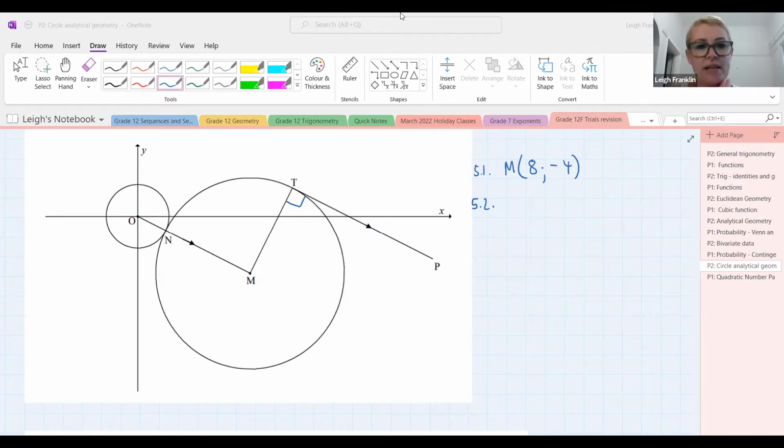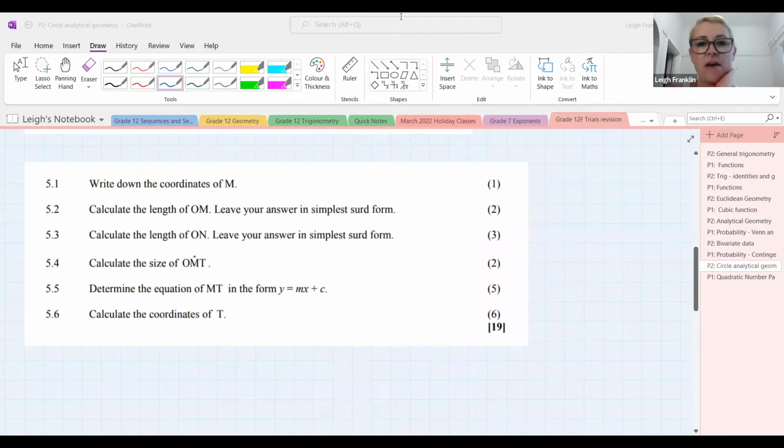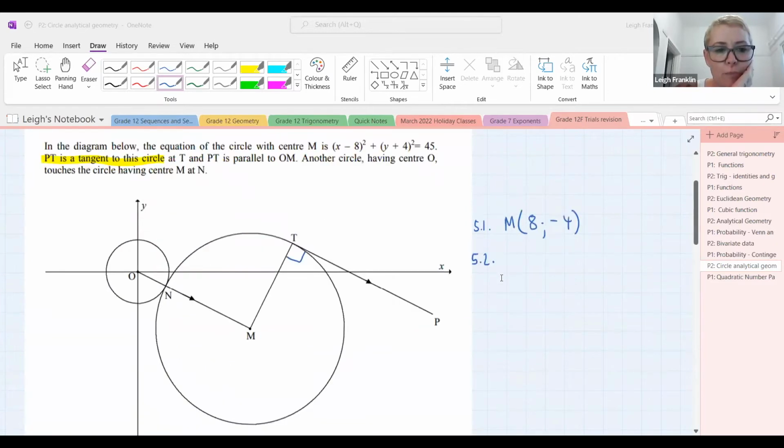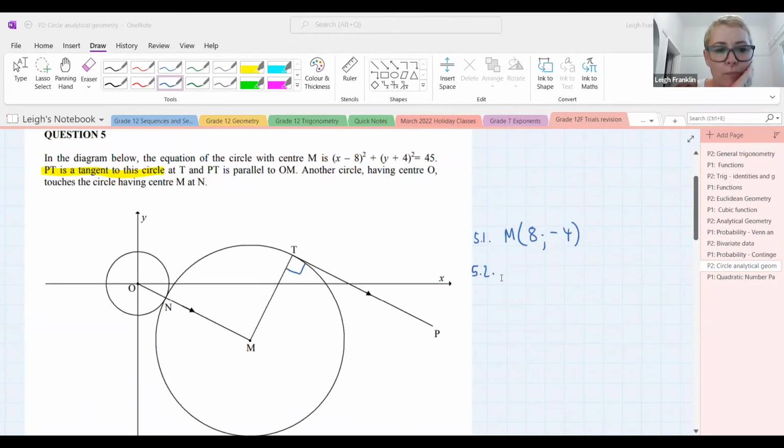Okay. The next thing that they are asking us for here is calculating the length of OM. Leave your answer in simplest surd form. So they want the length of OM. Can you guys do that by yourselves? Can I leave you to do that one, and you can share your answer on the chat with us?